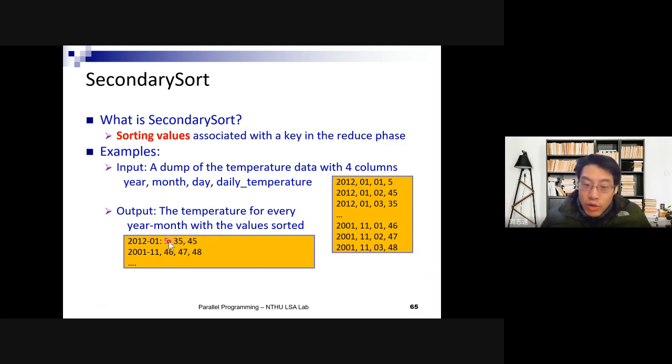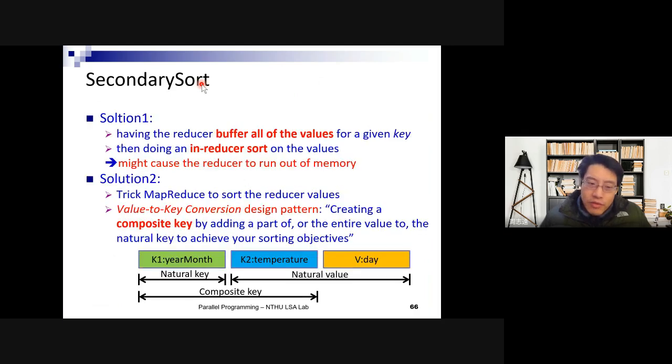And we want the recorded values to be sorted according to the temperature. So you can see the result is not only sorted by the key, but also sorted by the value. Sorting by value is the problem called secondary sort. This is a problem that is very commonly seen when we try to analyze data. Even in our inverted index example, we also required this.